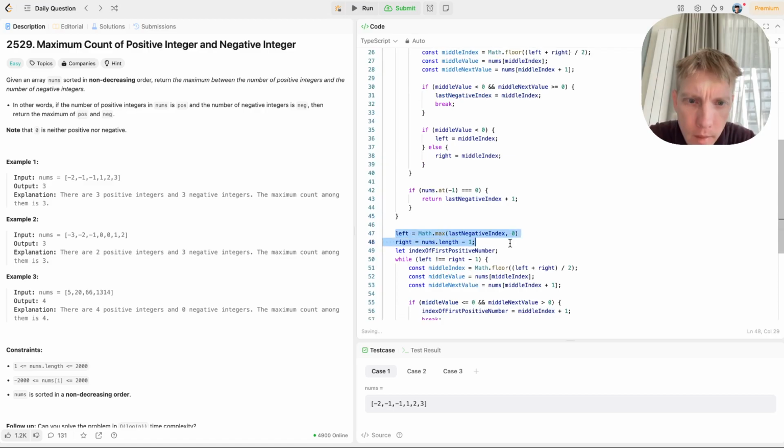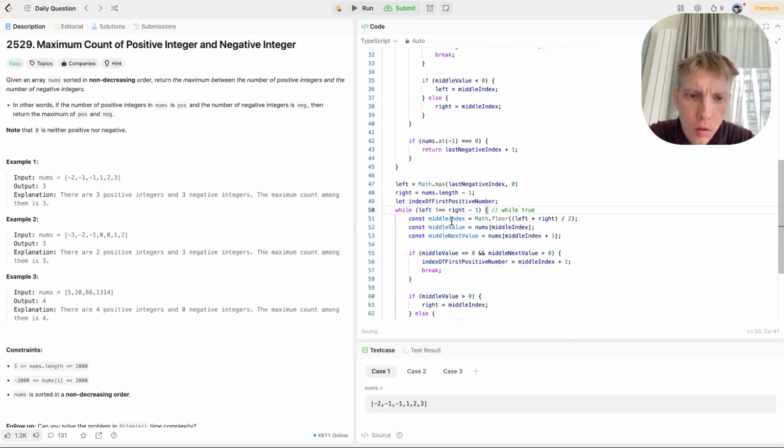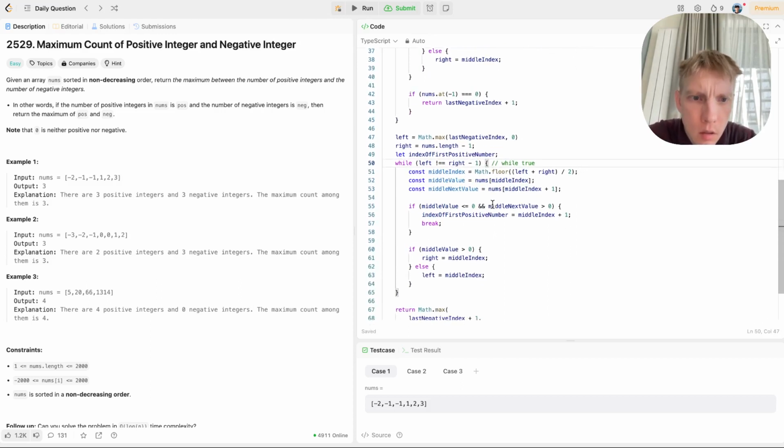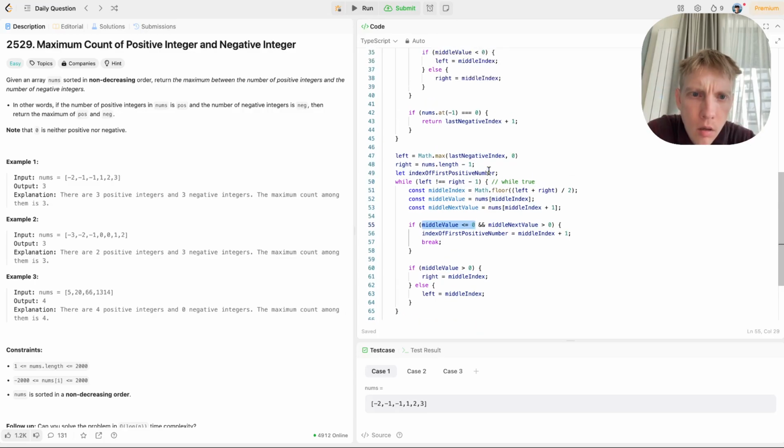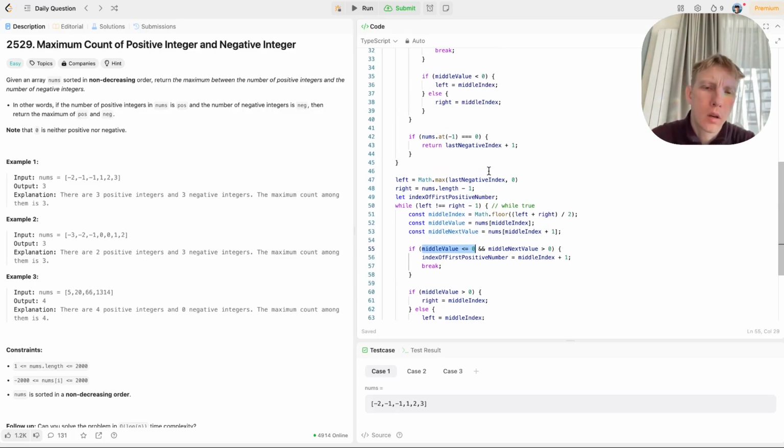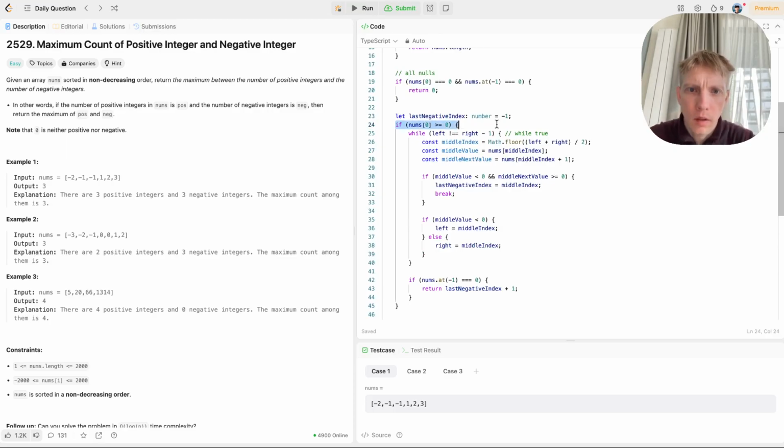Okay, then next loop. We're looking for the first right index. Middle index value, if middle value is... do we know that there are positive numbers to the right? We can use something like this.